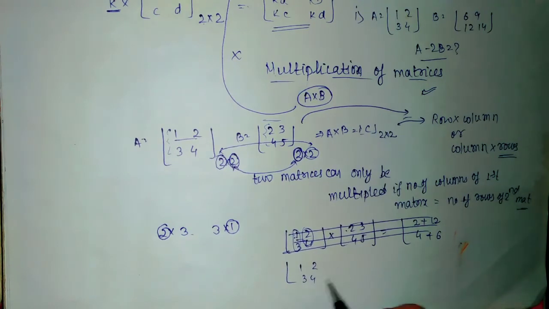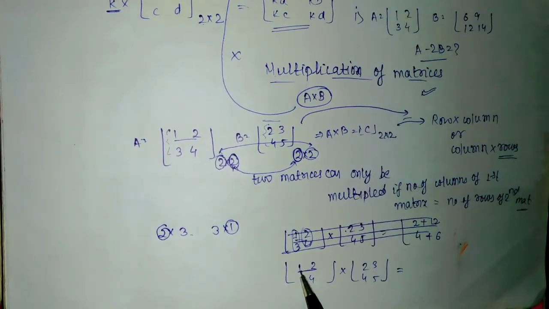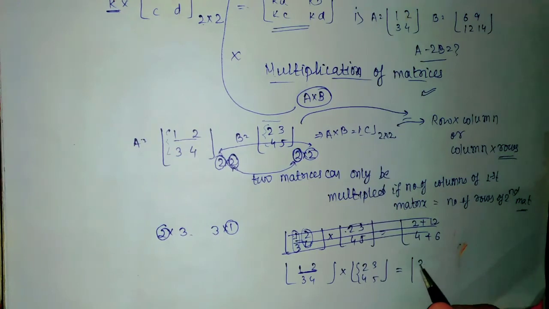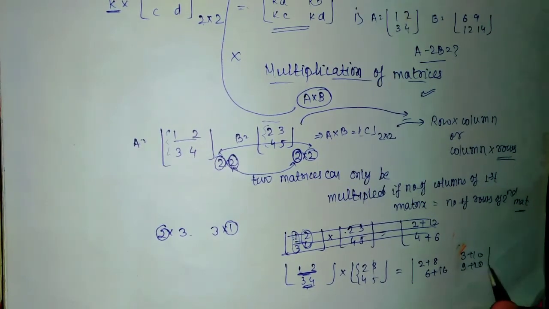1 2 3 4 into 2 3 4 5 is equal to what? Rows into column: 2 plus 8, rows into column: 6 plus 16, rows into column: 3 plus 10, rows into column: 9 plus 20.